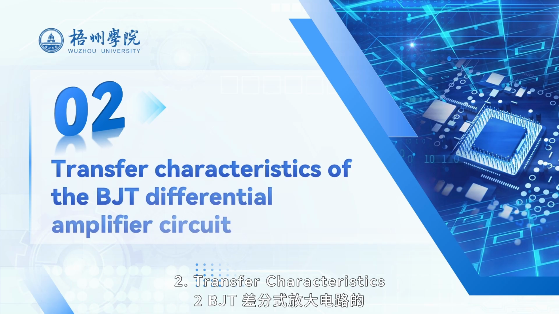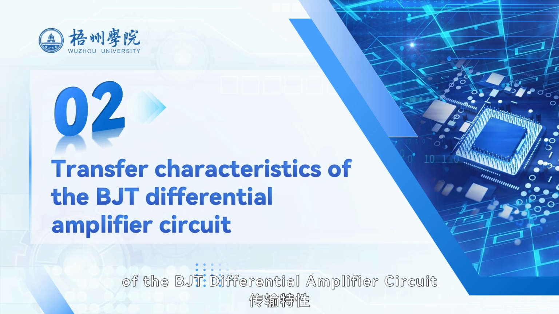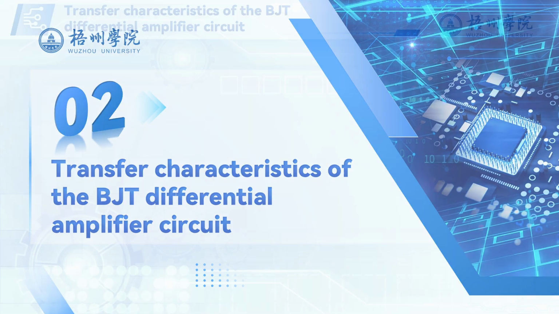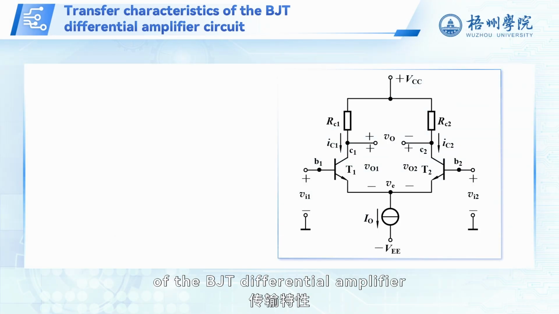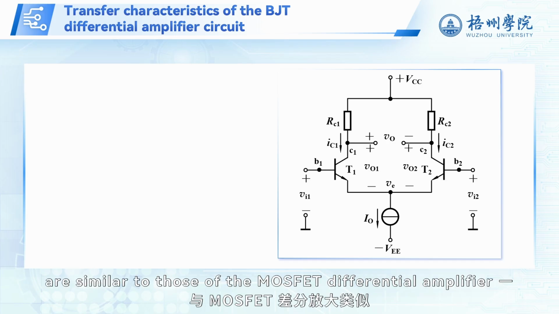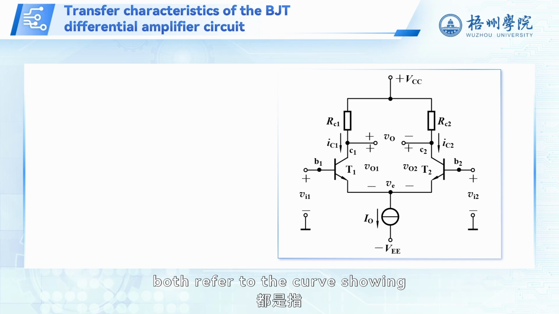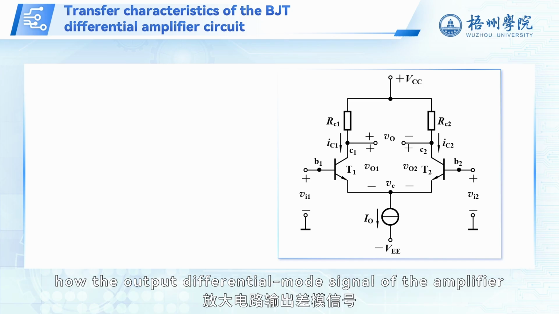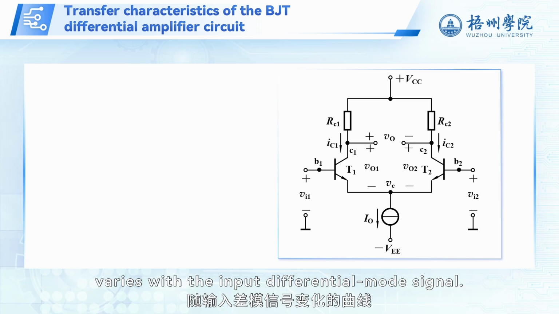2. Transfer characteristics of the BJT differential amplifier circuit. The transfer characteristics of the BJT differential amplifier are similar to those of the MOSFET differential amplifier. Both refer to the curve showing how the output differential mode signal of the amplifier varies with the input differential mode signal.